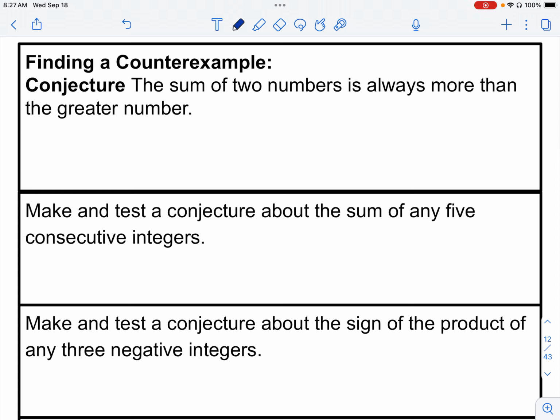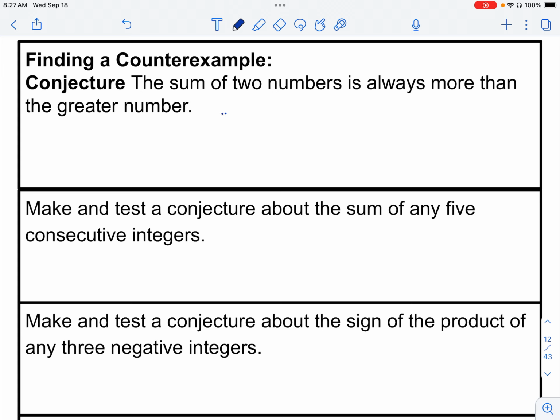The sum of two numbers is always more than the greater number. Okay, so let's find a counterexample for that. So let's start with negative numbers. So we're going to add up two negative numbers. -2 and -3 equals -5. And we know that -2 is closer to 0, so it is bigger than -3.